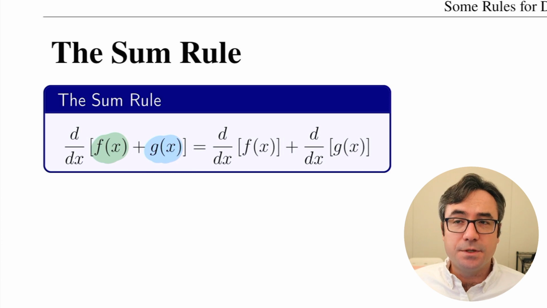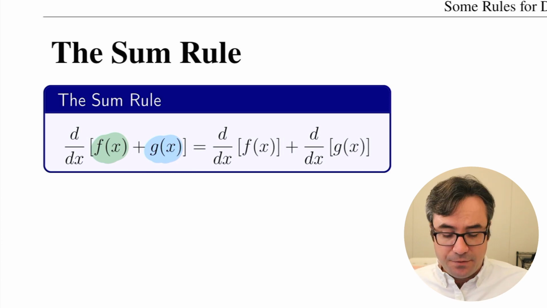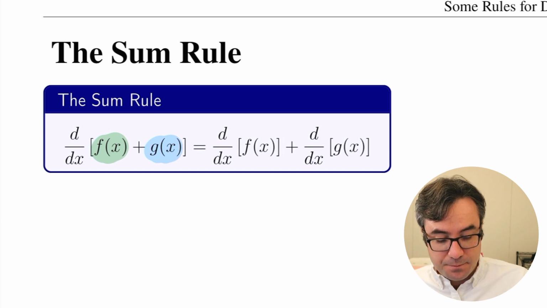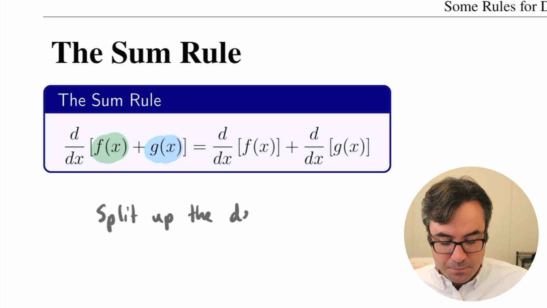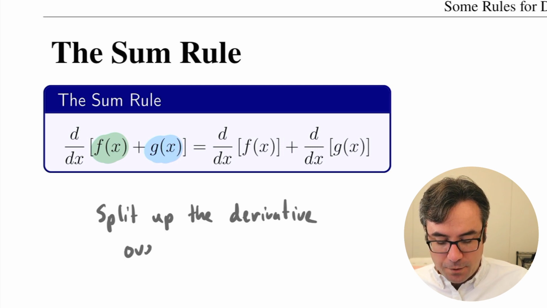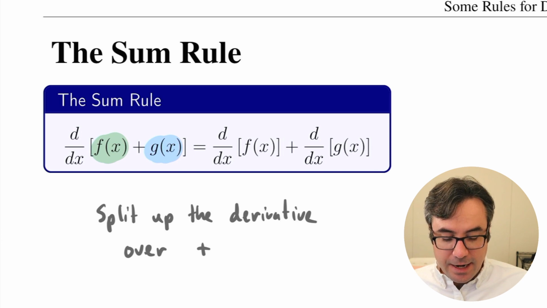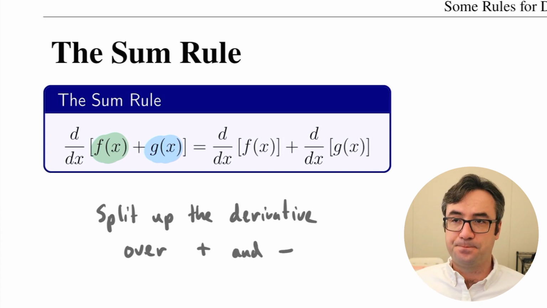Well, what this sum rule says is we can split up the derivative over addition. And actually, this one also works for subtraction as well.